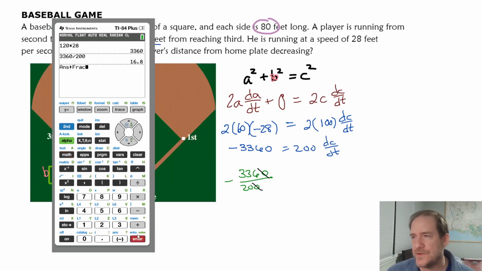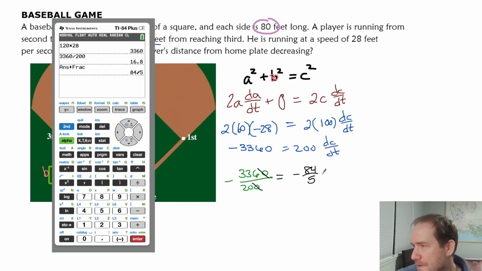So there's really no excuse not to reduce your fractions, but I would be expecting you to give negative 84/5, and then also to mention, and you don't have to say it's approximately equal to, because it's exactly equal to 16.8.